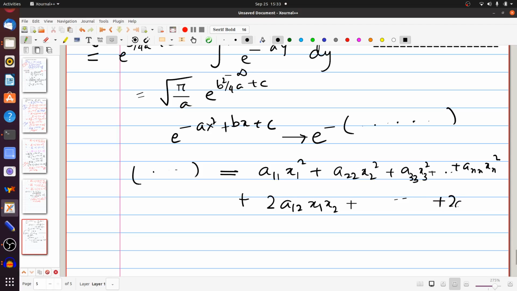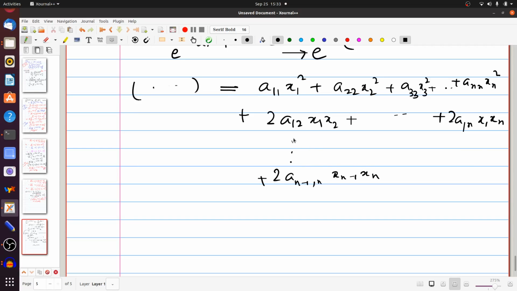Plus twice a1n x1 xn, all the way down to twice a(n-1)n x(n-1) xn. I'm pretty sure most of you realize that I could have written a12 x1 x2 plus a21 x2 x1 here.